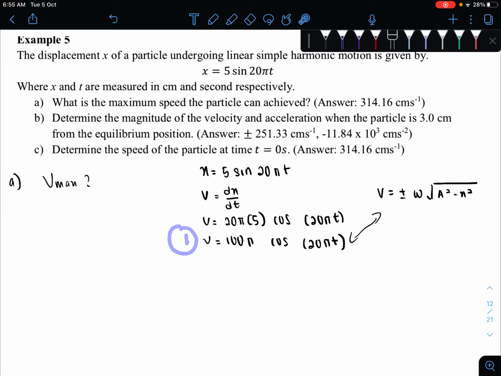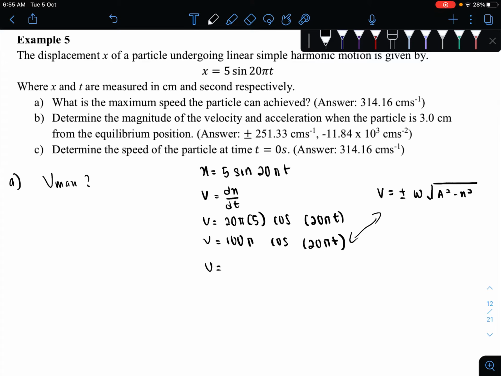To use the first equation, you have to know the t so that you can find your v. However, we do not know at what time the maximum speed occurs. To use the second equation, omega you can get from the question by comparing with the general equation.